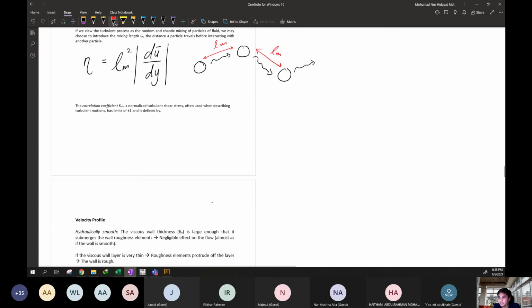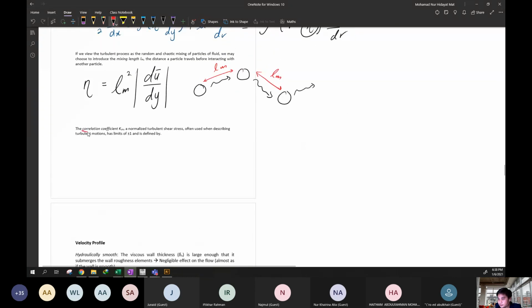And finally the correlation coefficient. This correlation coefficient represents the normalized, remember, normalized is dimensionless shear stress. So K UV by definition is UV average over the square root of U squared average times V squared average.